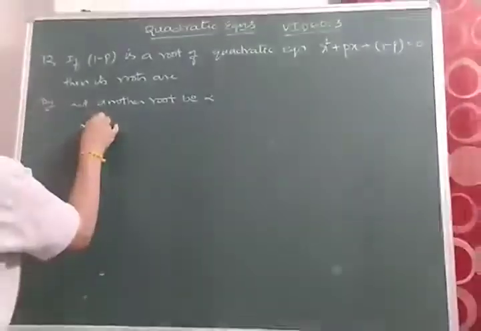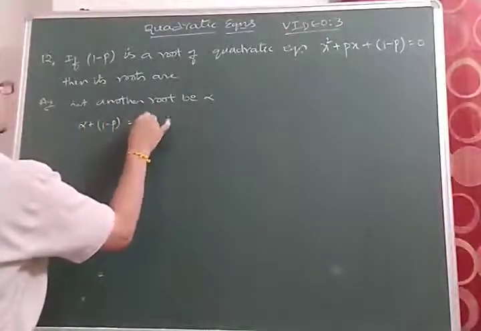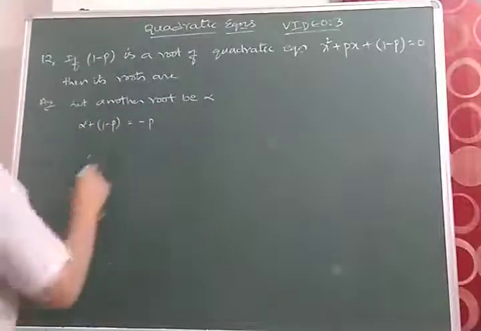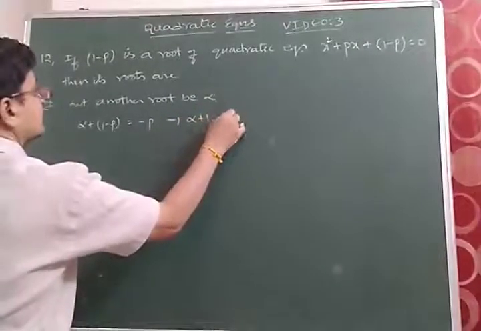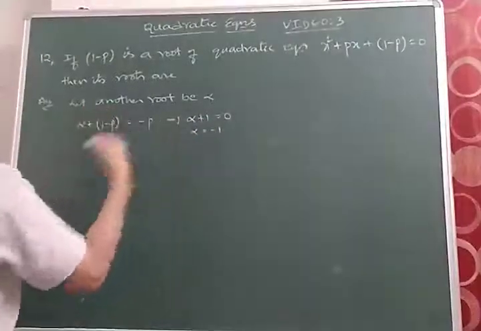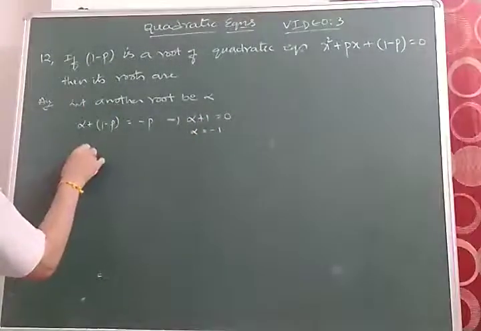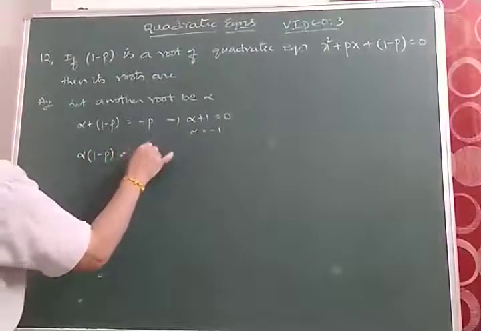Sum of the roots alpha plus 1 minus p is equal to minus p. So that implies alpha plus 1 is equal to 0. Alpha is equal to minus 1 is the other root, and the product of the roots, alpha into 1 minus p, is equal to 1 minus p.